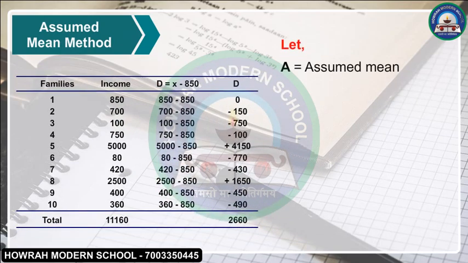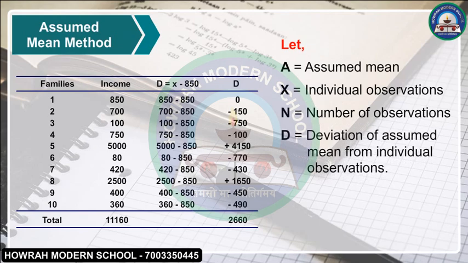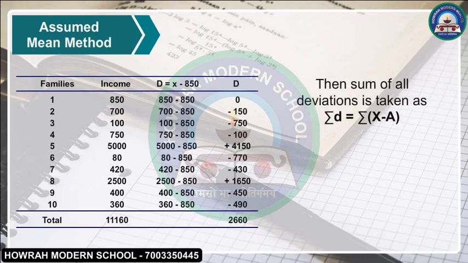Let A is equal to assumed mean, x is equal to individual observations, n is equal to number of observations, d is equal to deviation of assumed mean from individual observations, that is d is equal to x minus A. Then sum of all deviations is taken as summation d is equal to summation (x minus A).